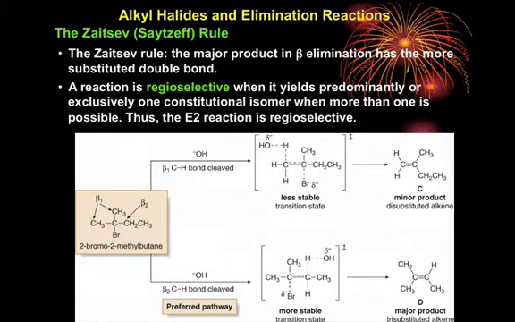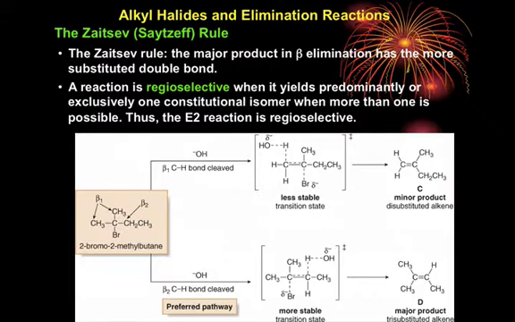And so this ends up being what we call a regioselective reaction. It's going to give us predominantly, exclusively, one constitutional isomer over the other. Okay, and so these E2 reactions are said to be regioselective.